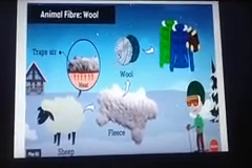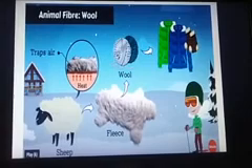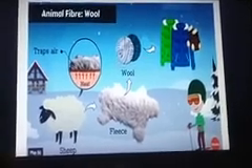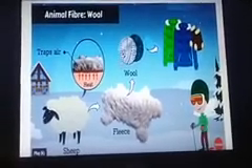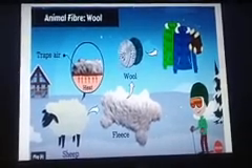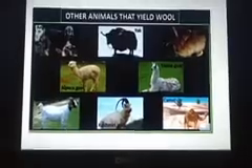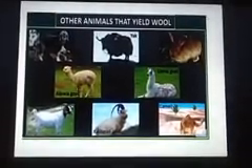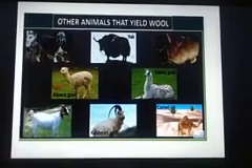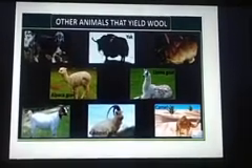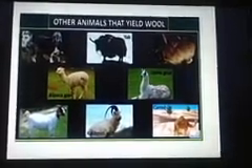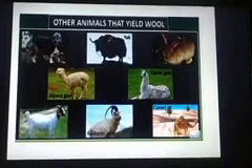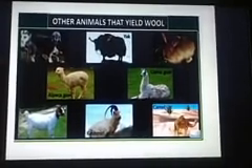And then from the fleece the wool is made, and you can see at last from the wool, by knitting, we make jackets, sweaters, etc. Now children, which are the other animals that yield wool? Here you can see yak, which is found in the Ladakh or Tibet region. They also yield wool.